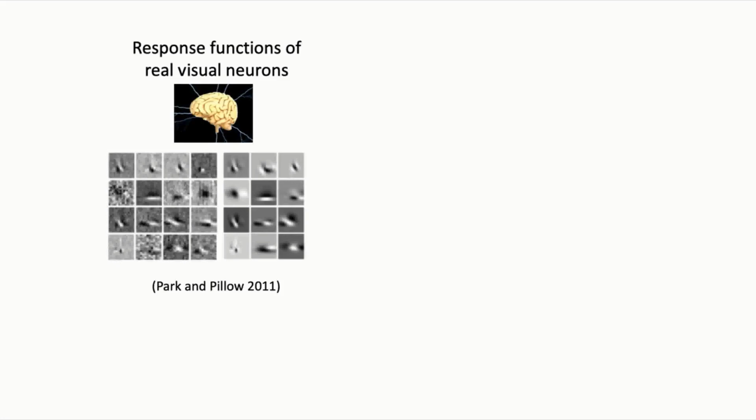These were measured from non-human primates. What these response functions stand for is the image pattern that a single neuron will detect. So when a feature in an image matches the pattern in the response function for a given neuron, that neuron will activate and send a signal to all the other neurons that it's connected to, communicating that this visual pattern has been detected.